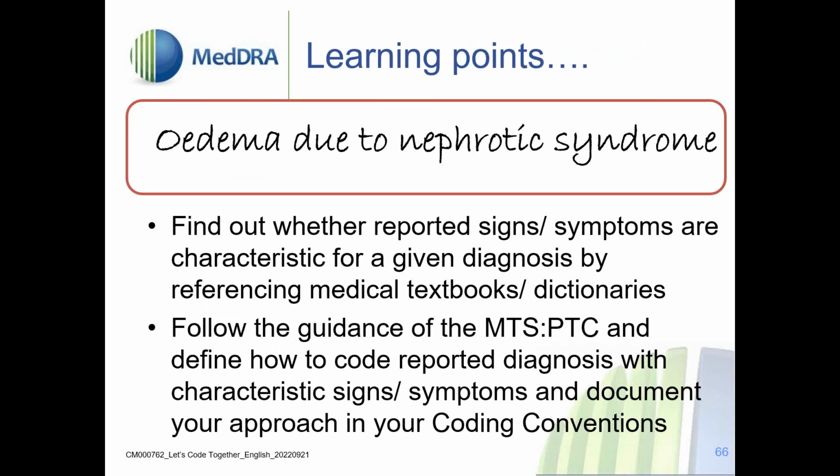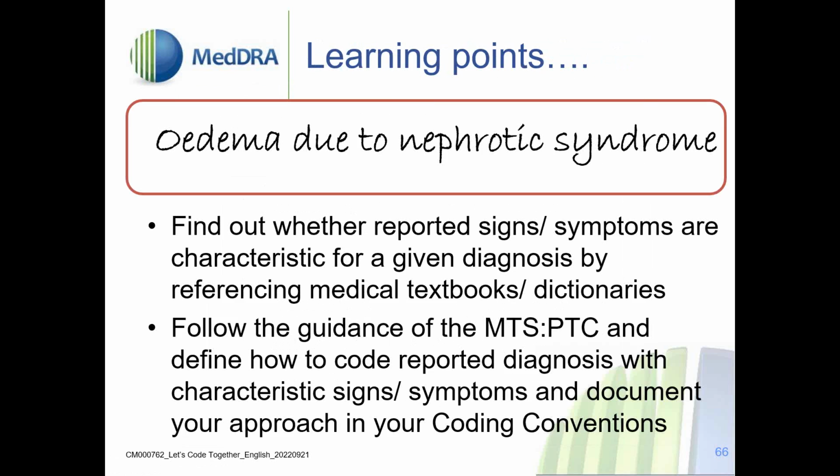Here again, our learning points. If you have to handle such a coding scenario, you will first have to clarify whether the reported signs and symptoms are truly characteristic for the given diagnosis. Because if you choose to code the diagnosis only with your coding approach, you will always have to code all signs and symptoms which are not characteristic for the reported diagnosis.